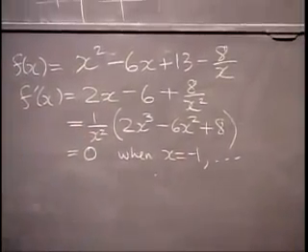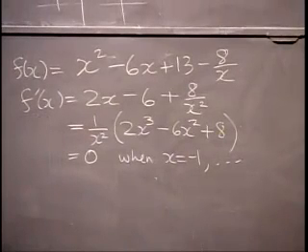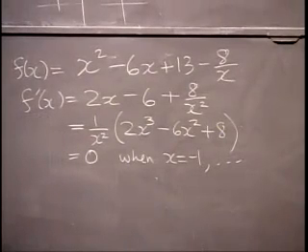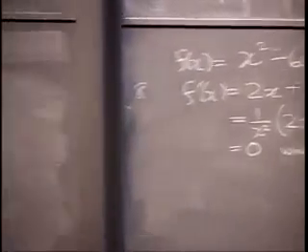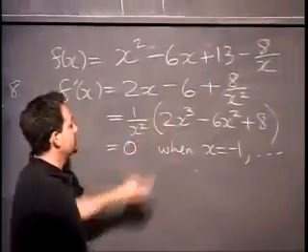Well, I'm afraid we just have to do a long division. I'll have to do that over here. I'm sort of running out of time, but I really want to finish this example. I'm going to take out a factor of 2, actually.